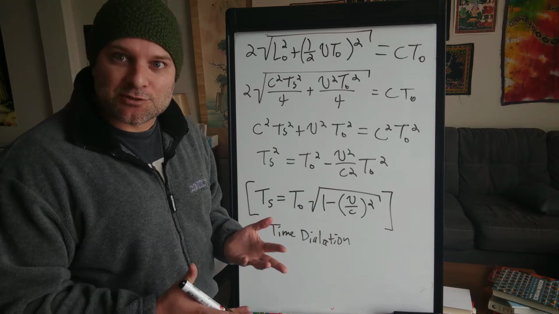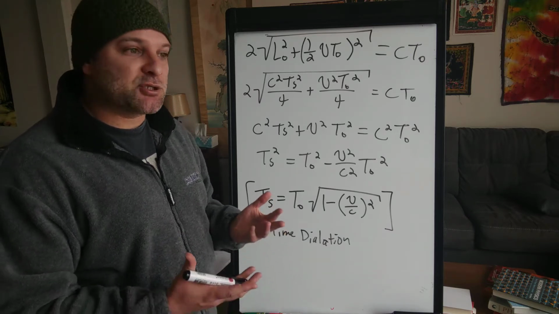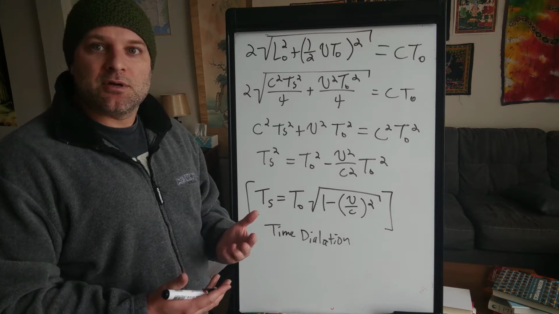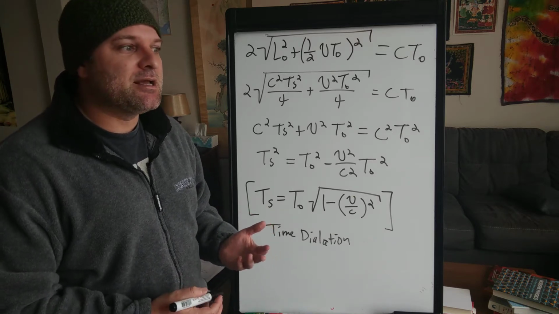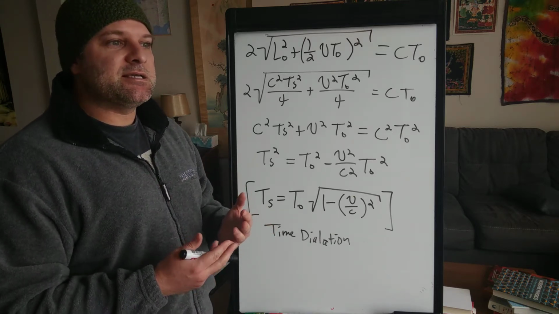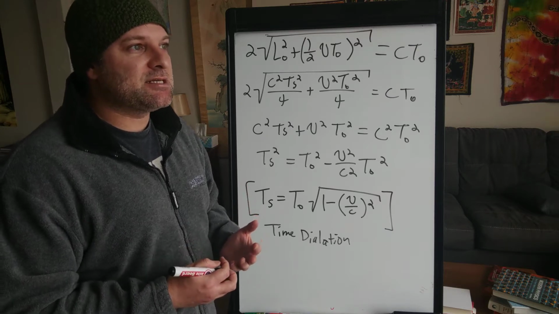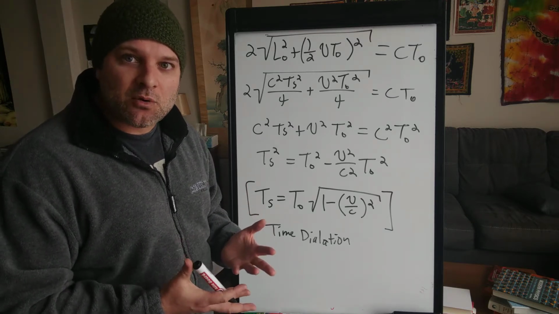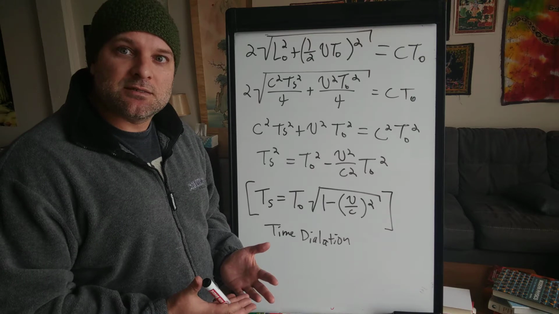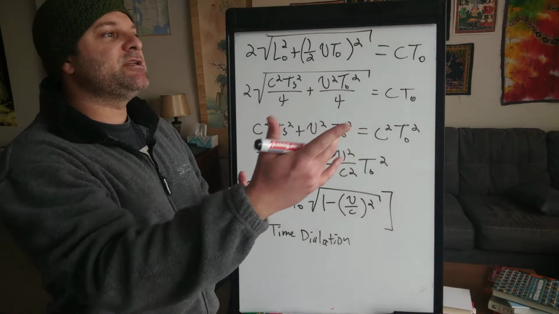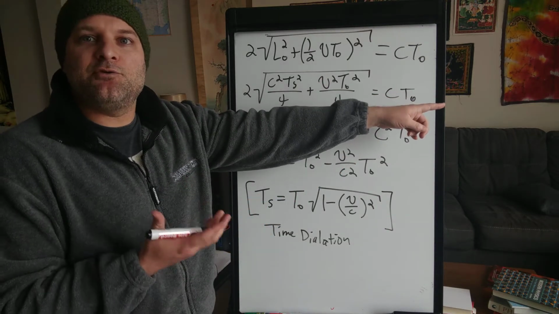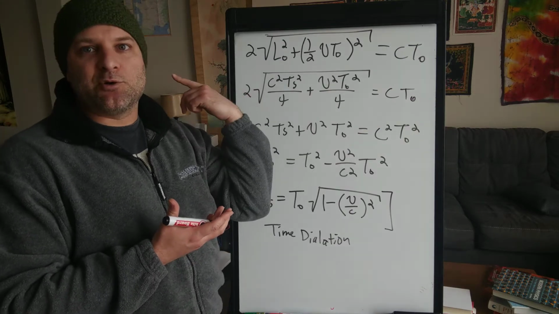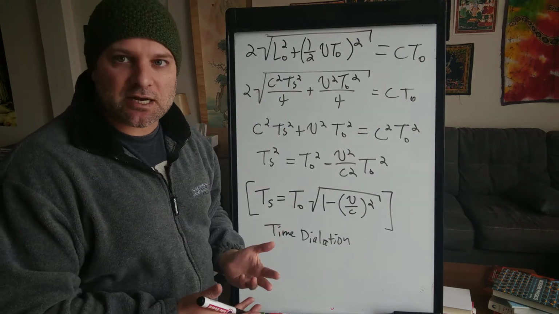Which maybe seems a little strange, but it gets even stranger. It gets stranger because remember one of those postulates I mentioned: if an observer is in motion at a constant velocity, there's no way for them to know if they're moving or not. If you're in motion and you see someone else stationary, you feel like you're stationary and they're moving, as long as neither of you are accelerating.